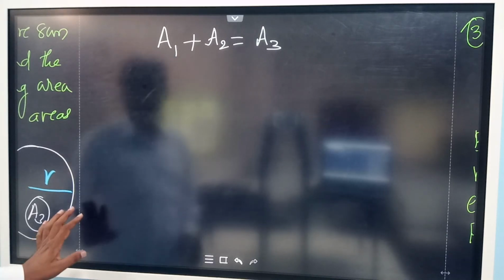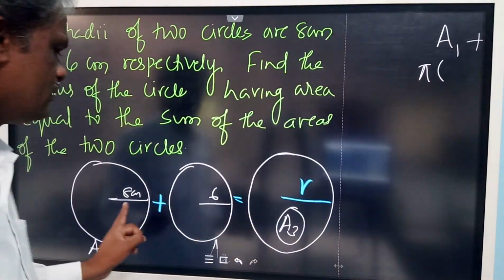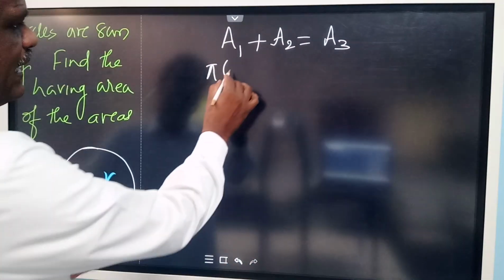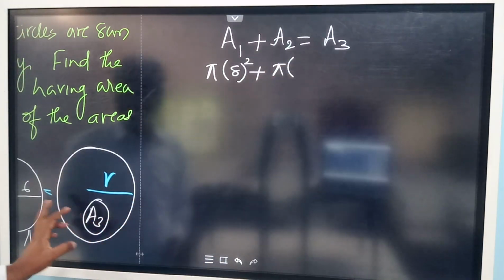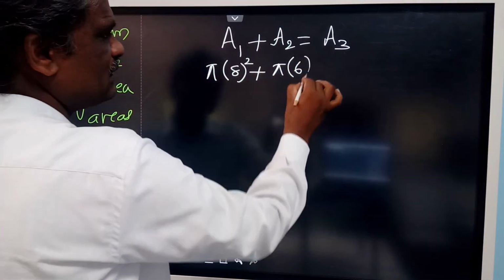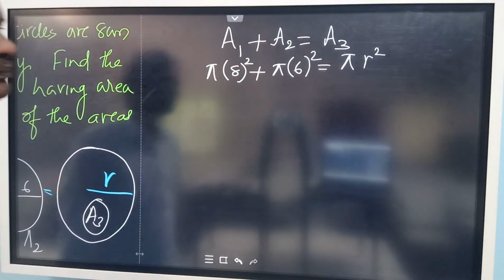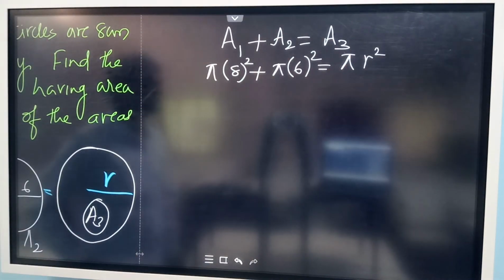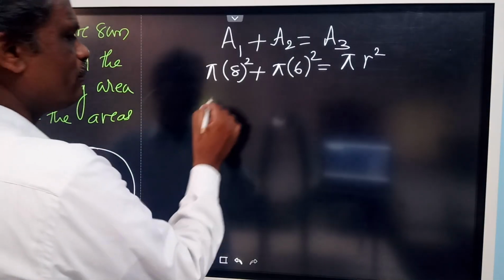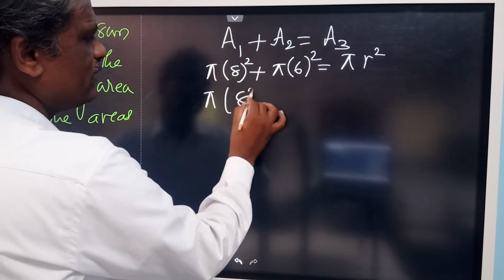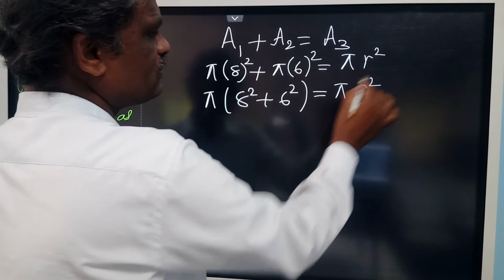The formula for area of a circle is pi r square. So pi into 8 square plus pi into 6 square is equal to pi r square, the radius of the third circle being unknown. Now take pi common: pi into 8 square plus 6 square is equal to pi into r square.